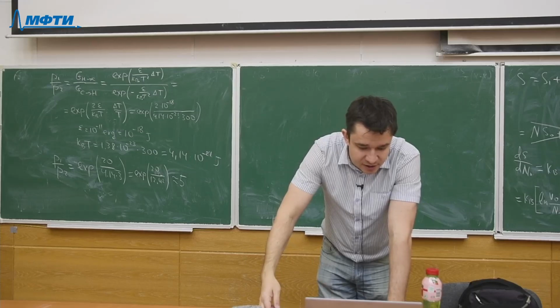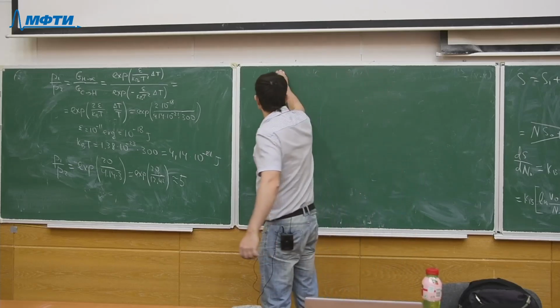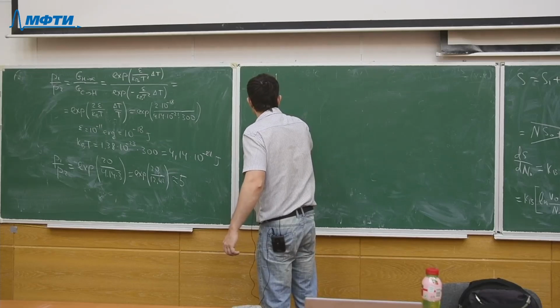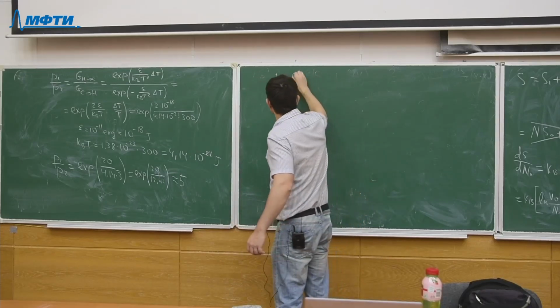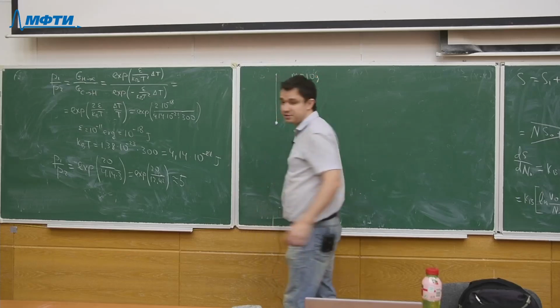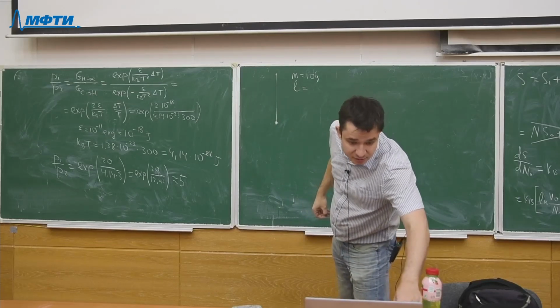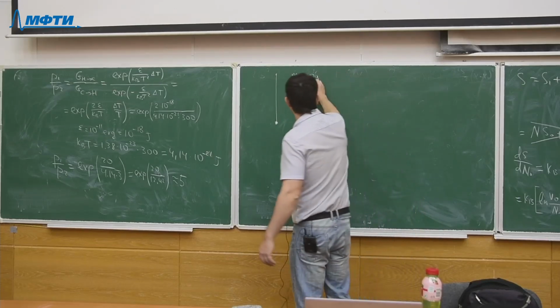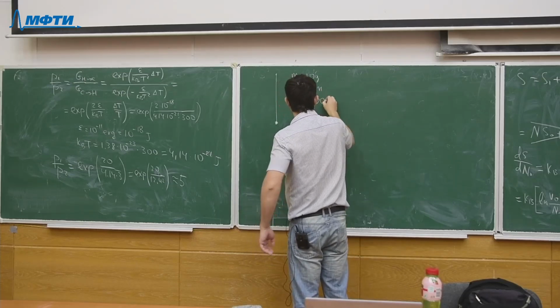Estimate the standard deviation of the weight from its equilibrium position due to the thermal fluctuations at room temperature. So we have a so-called mathematical pendulum in which the mass is 10 grams. The length of the thread is 1 meter. Thermal fluctuations at room temperature are being considered.